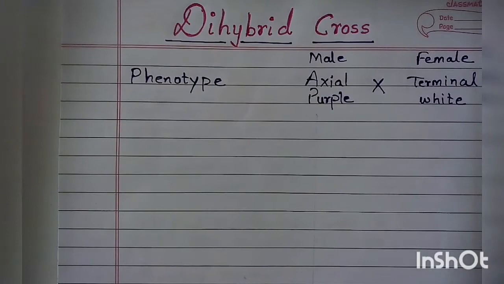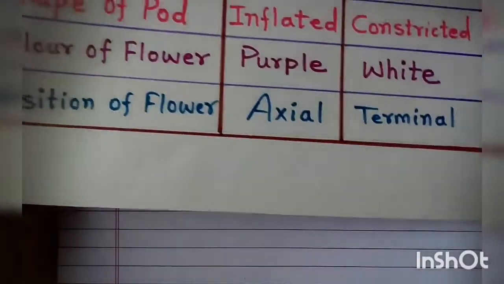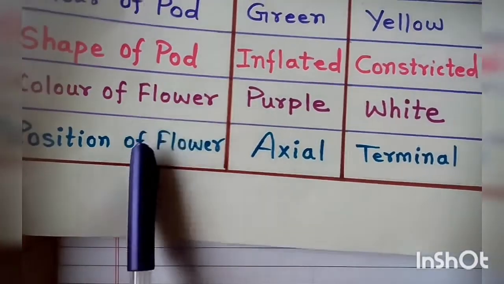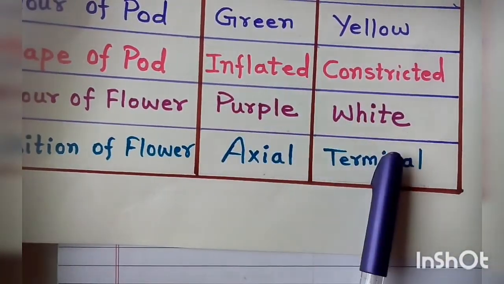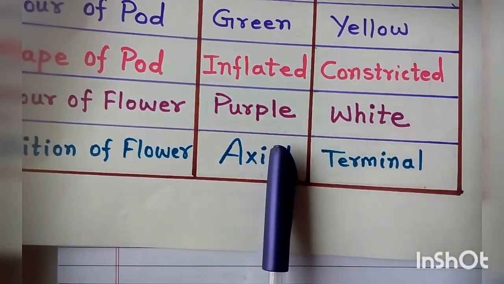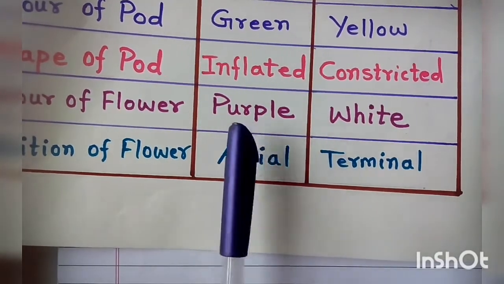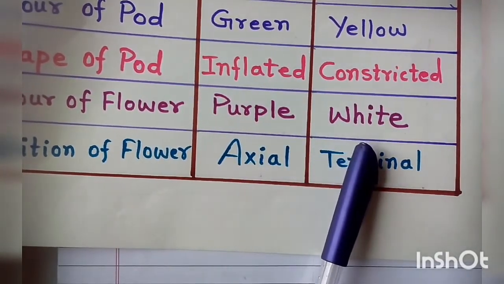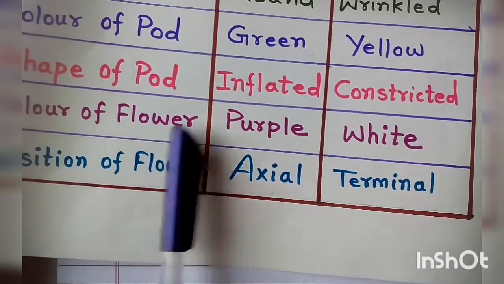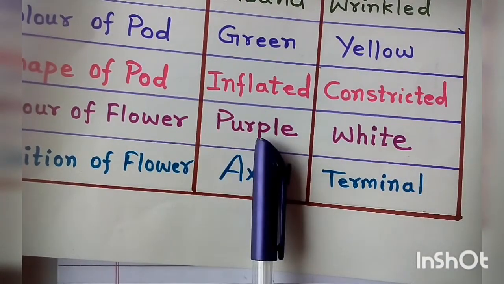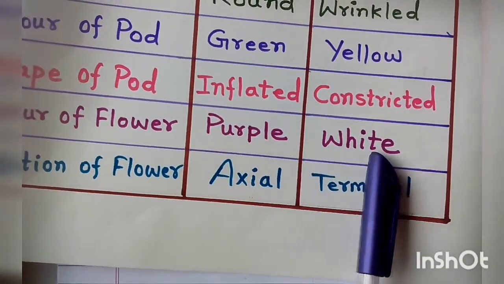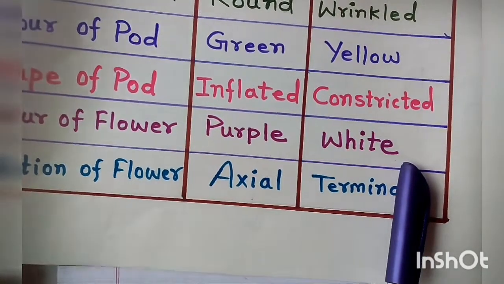Another thing that you have to remember is, as I have said, these characters have alternative traits, and of these alternative traits, one is dominant and the other is recessive. For color of flower, purple is dominant, whereas white is recessive.